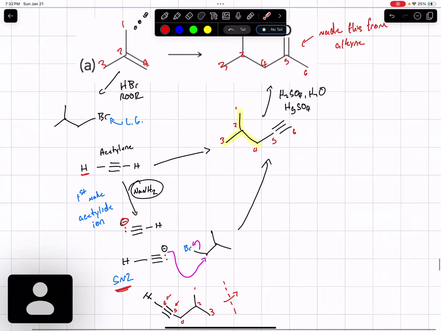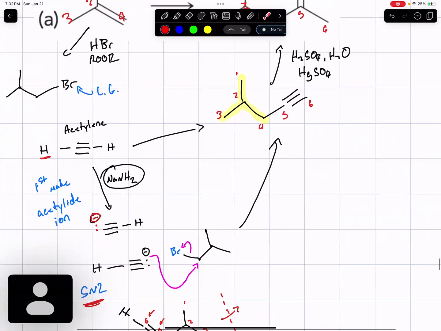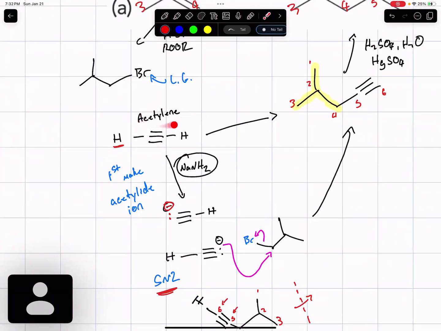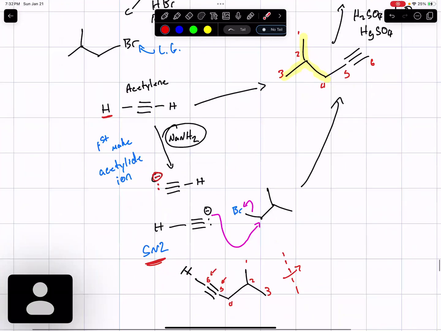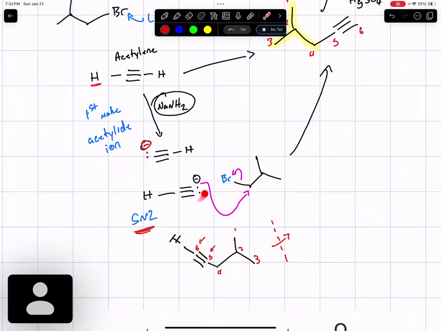So cool, we have to use a terminal alkyne. We use this terminal alkyne, but this alkyne originally came from an acetylene molecule. We use an acetylene molecule, we deprotonated it with sodium amide to be able to make it into a good nucleophile.